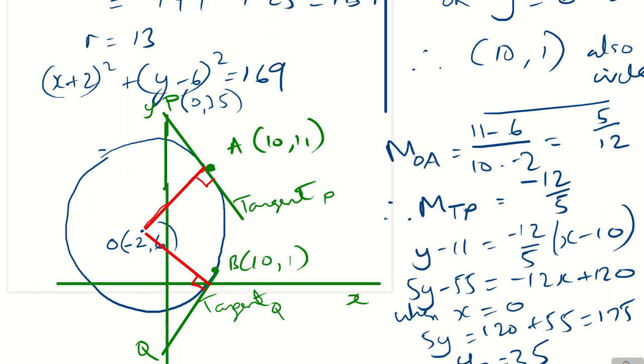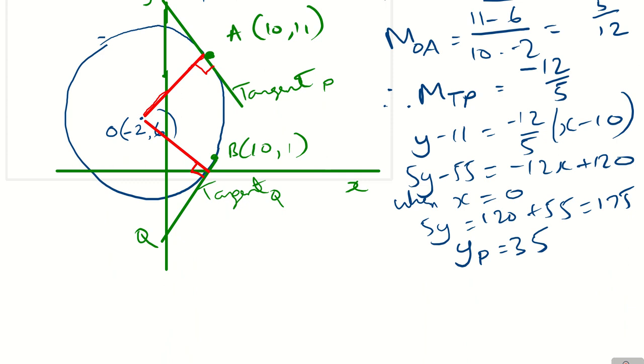If we do the same thing for Q, start off looking at the gradient as we go from O to the point B. The gradient from O to B is going to be the change in y, 1 minus 6, divided by the change in x, which is 10 minus 2, which is minus 5 over 12.